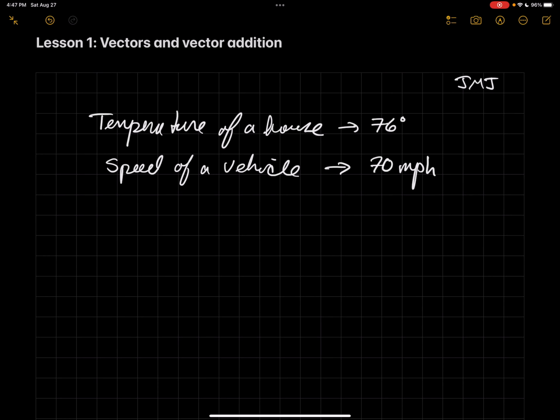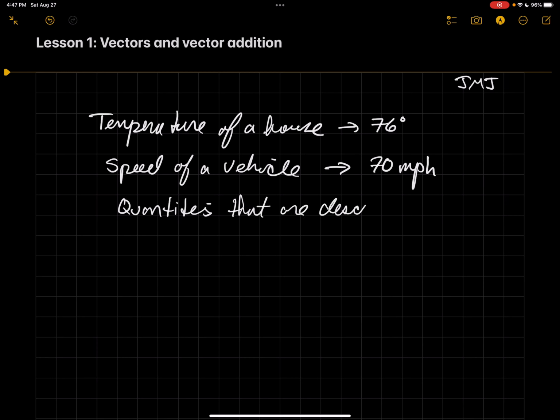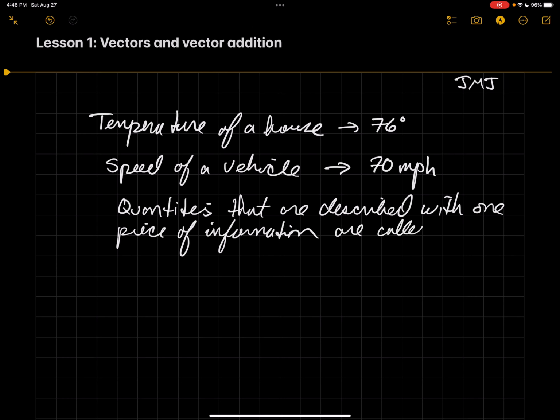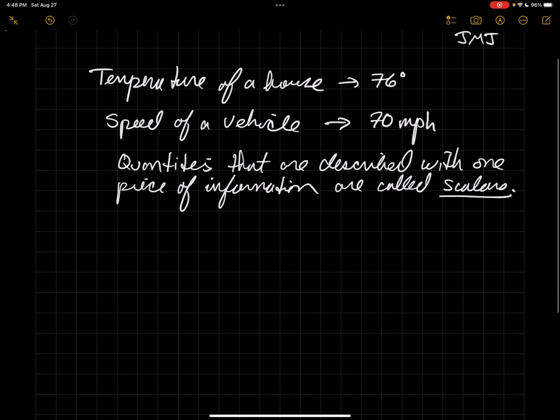Okay, so temperature and speed of a vehicle, for example, are both scalars.